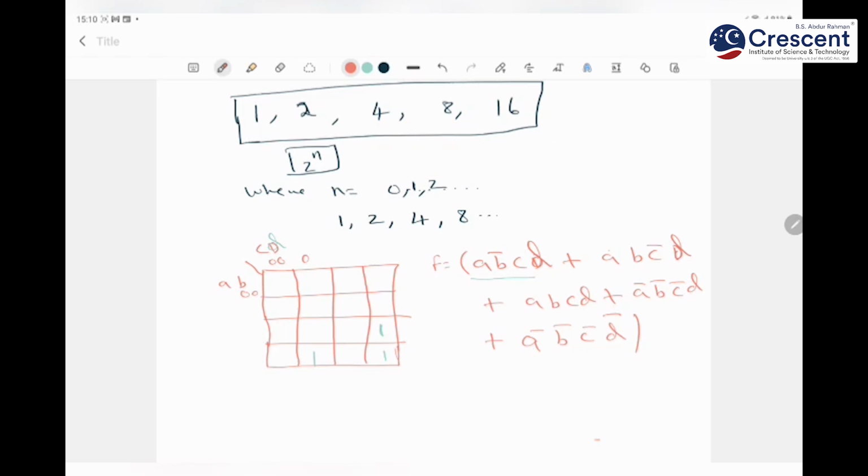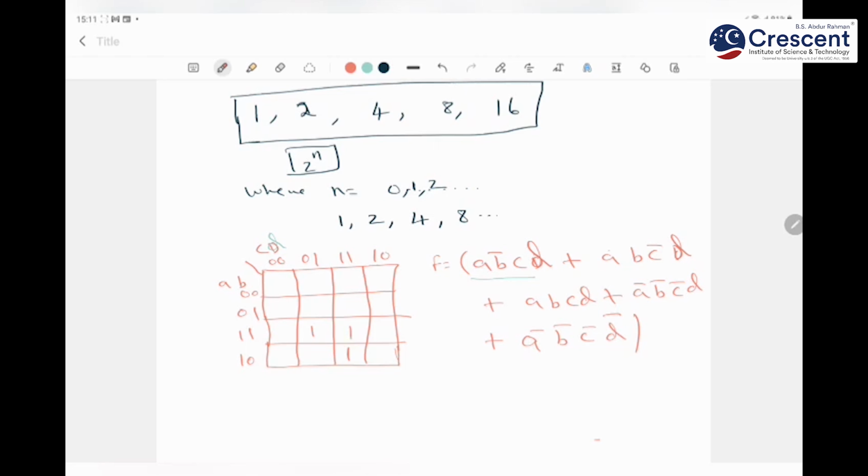0 0 0 1 1 1 1 0 0 0 0 1 1 1 1 0. Okay, now A B bar C D, then A B C bar D, then A B C D, this one.